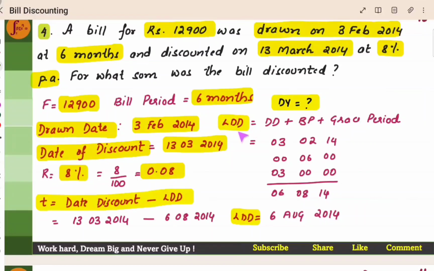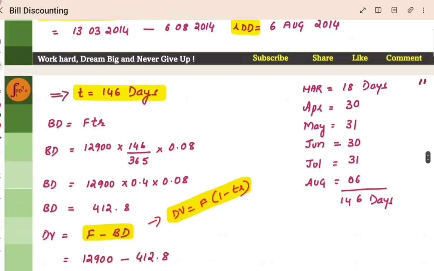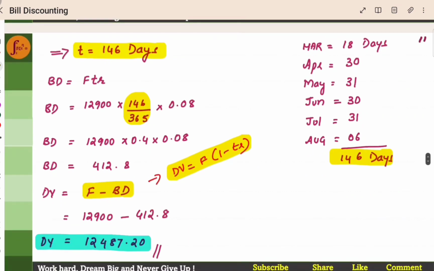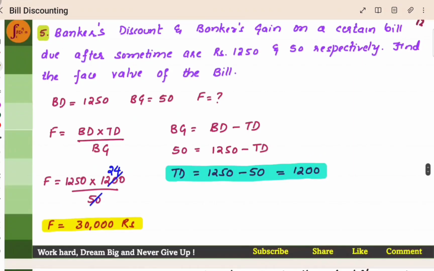So with that, you can find legally due date. Drawing date is 3rd February, 6 months is the bill period, 3 days is the grace period. When I add all this, I'll get legally due date. Now I'll count the number of days from 3rd February to 6th August. It's 146 days, right? So I'll put 146 by 365 here. Either use this formula or this formula and you'll get the discounted value.